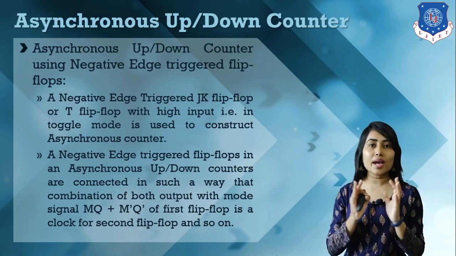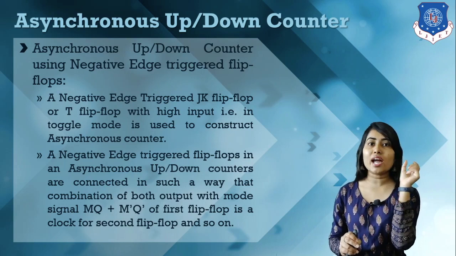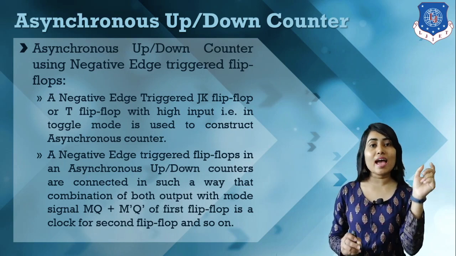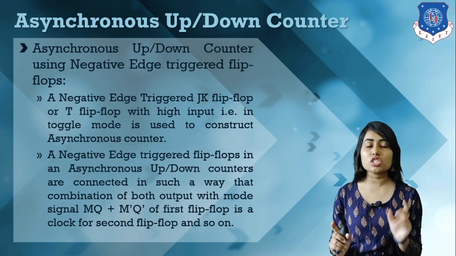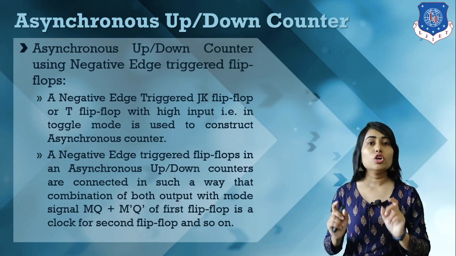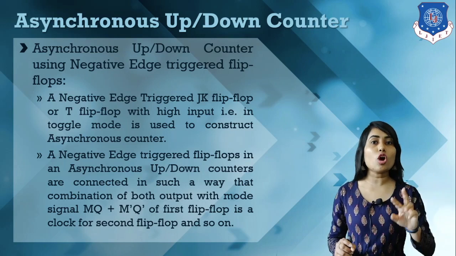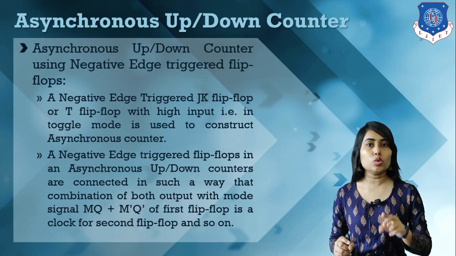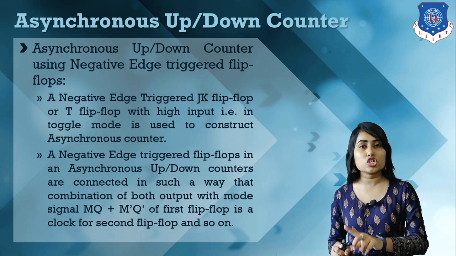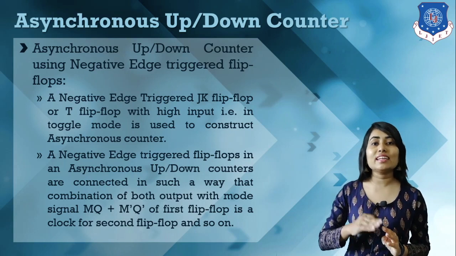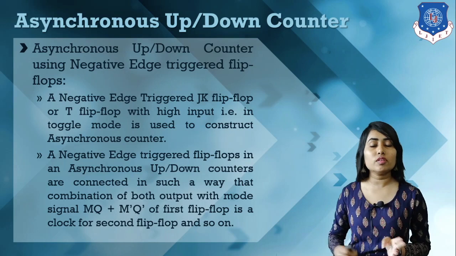If we combine both conditions, we have M into Q for up counting, and M dash into Q dash for down counting. So this is for the negative edge triggered flip-flop. The first flip-flop has an external clock signal, and the combination MQ plus M dash Q dash is connected as the clock for the second flip-flop, and then we have a third flip-flop and so on.